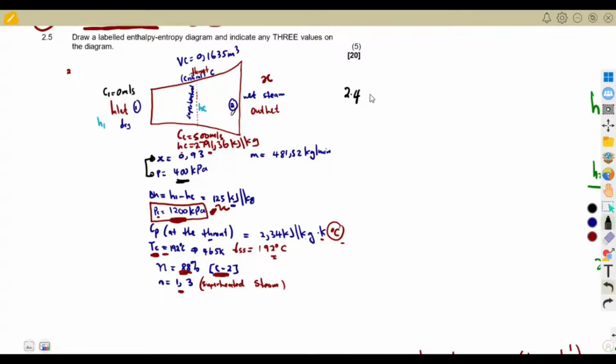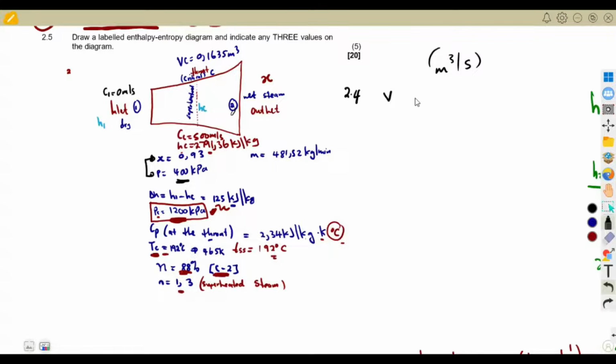There, we need the flow rate, the volume.